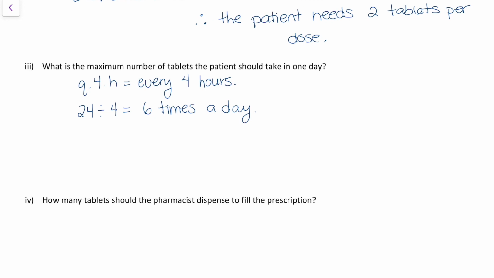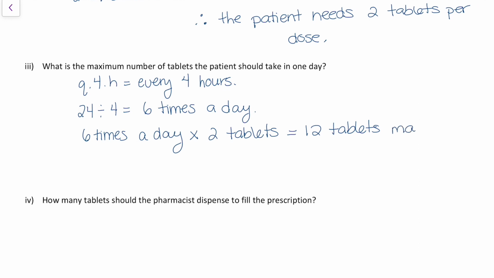So I'm going to take my 6 times a day and times it by 2 tablets to get 12 tablets maximum a day. Okay, so they can take it every 4 hours, which is 6 times a day. There's 2 tablets each time, so then they can take a maximum of 12 tablets a day.